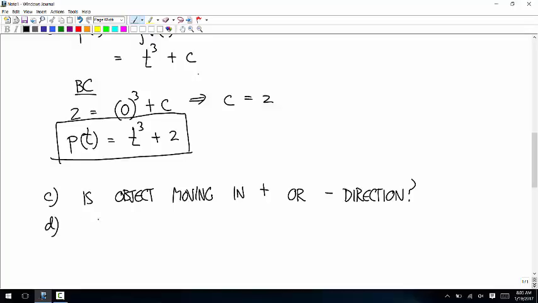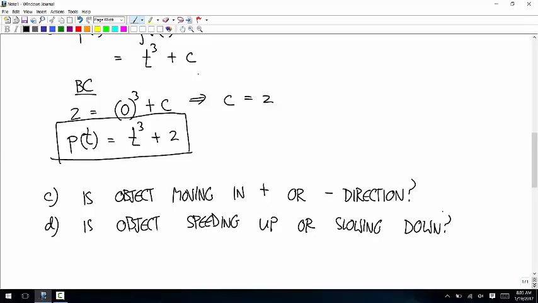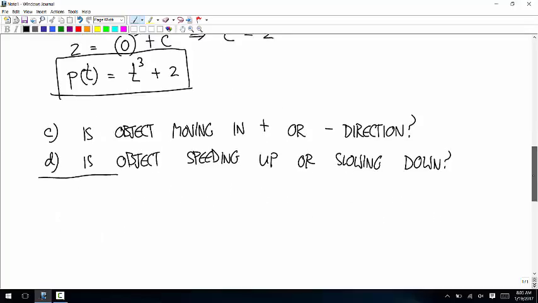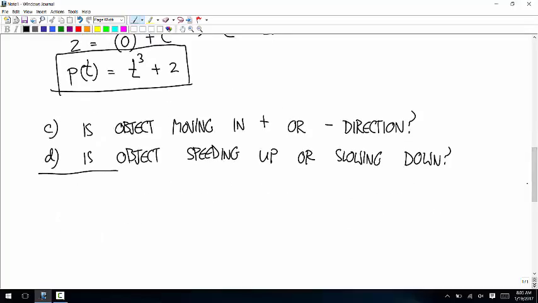And then part D, is the object speeding up or slowing down? Okay, so take a second, think about this, think if you can make sense out of those questions, bounce ideas off the people next to you, and then I'll talk about it.